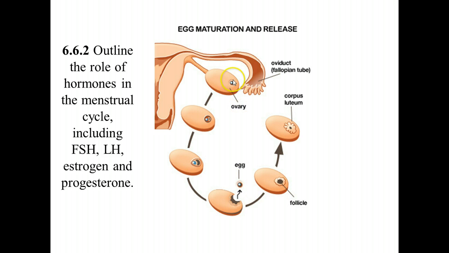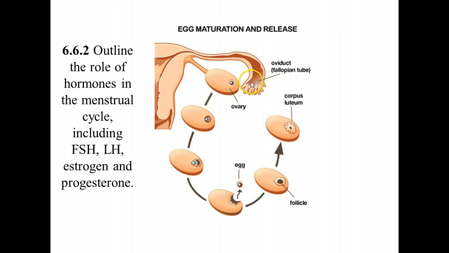Well, this egg, which is actually going to be out here in the space between the ovary and the oviduct, gets swept up by these finger-like things called fimbriae that pull them in. Cilia is pulling the egg through, and it's here in the fallopian tube that fertilization normally happens.